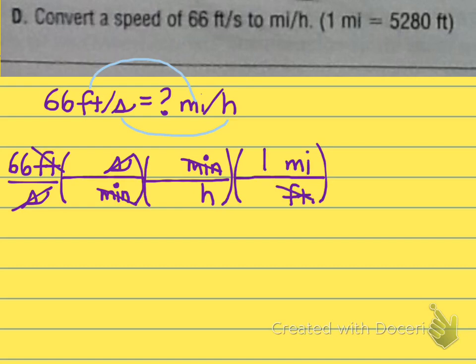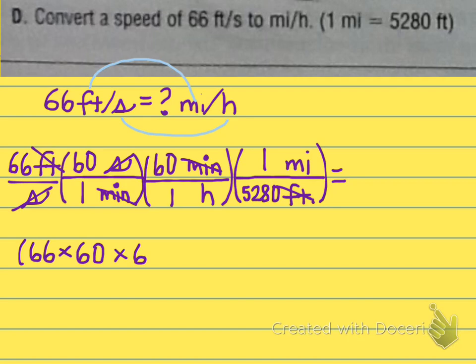And they tell me in the problem that 1 mile is 5,280 feet. 1 hour is 60 minutes. 1 minute is 60 seconds. And I'm going to be in miles per hour, which is what I want, so I'm all done. On my calculator, I'm going to type 66 times 60 times 60.